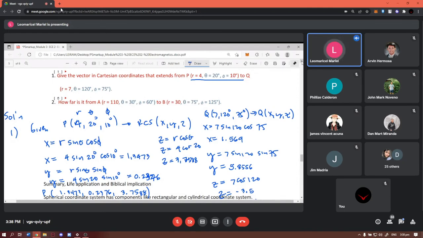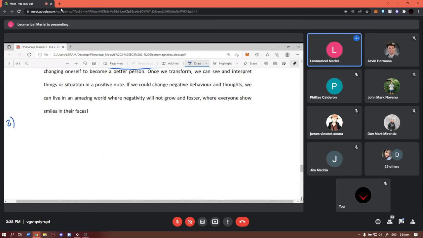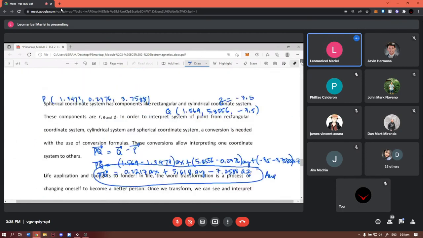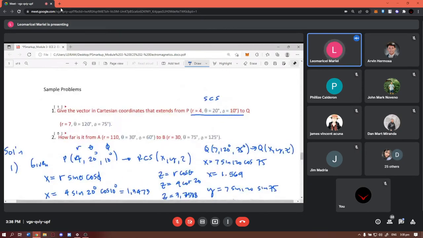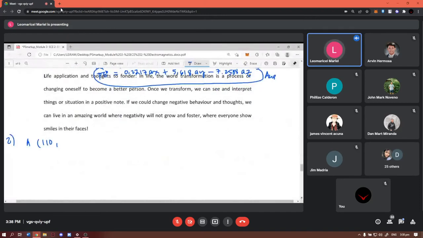So, ganun pa rin yung principle. Kukunin mo yung vector AB, so pag nakuha mo na yung vector AB, kunin mo yung magnitude niya. So, that's it. Ganun pa rin yung procedure natin. Ilagay natin dito yung A: 110, 30, 60. So, yung vector A natin, 110, 30 degrees, and 60 degrees.